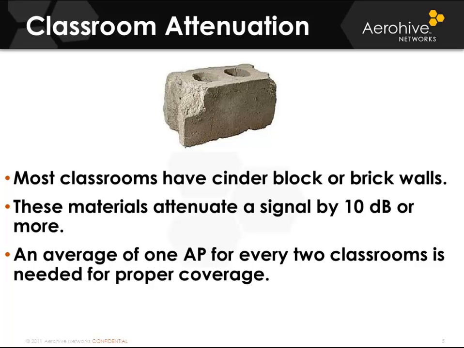A 20 dBm signal is equal to 100 milliwatts, but the attenuation of the wall would divide that by 10, making it a 10 milliwatt or a 10 dBm signal. An average of 1 AP for every 2 classrooms can be needed for proper coverage, and even a greater density depending upon the walls could be needed to penetrate that, such as 1 AP per room.